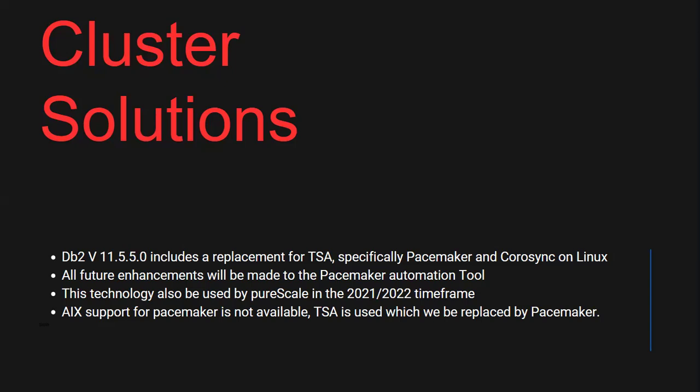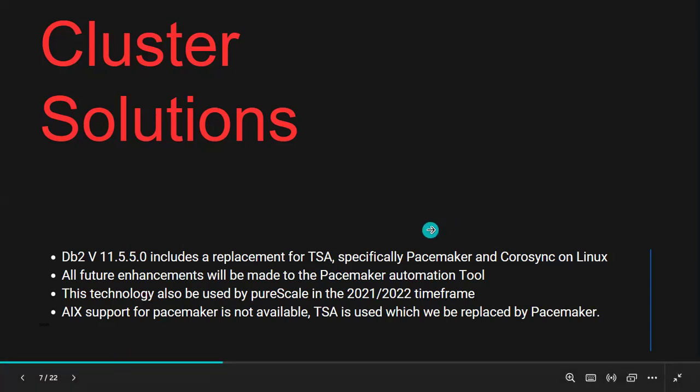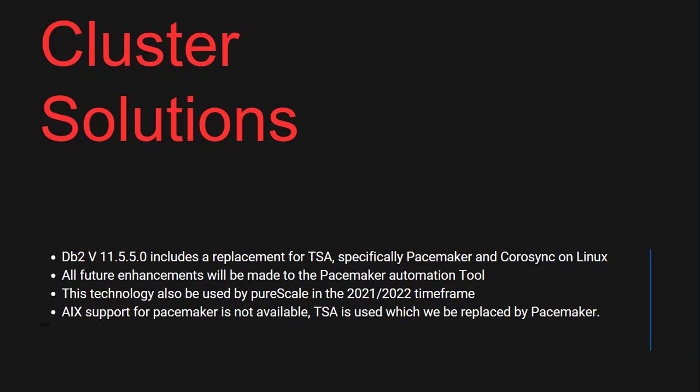It means it is there in the market and we can utilize it. AIX support for Pacemaker is not available at the moment. Probably it may become available, but I did not explore much because I did not see any IBM documentation saying that AIX is supported by Pacemaker, or that we can use Pacemaker on AIX. But yes, TSA is used very heavily on AIX. If we talk about the cloud solution, the future narrative of TSA would be Pacemaker.